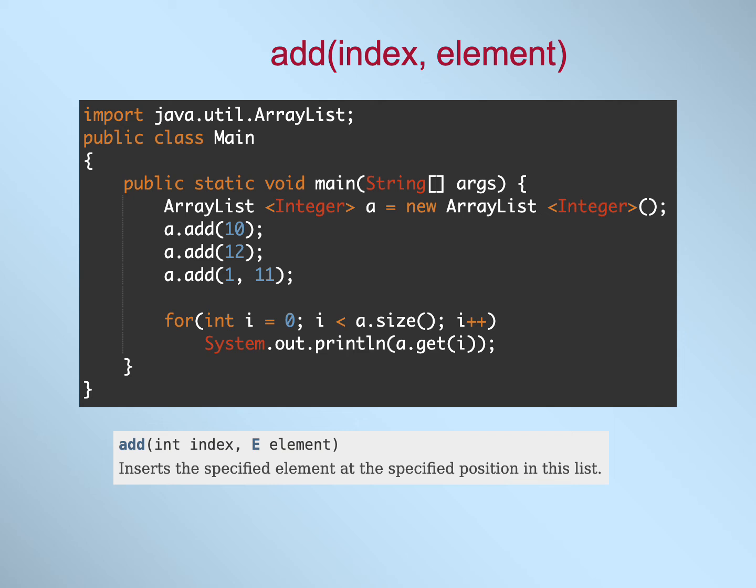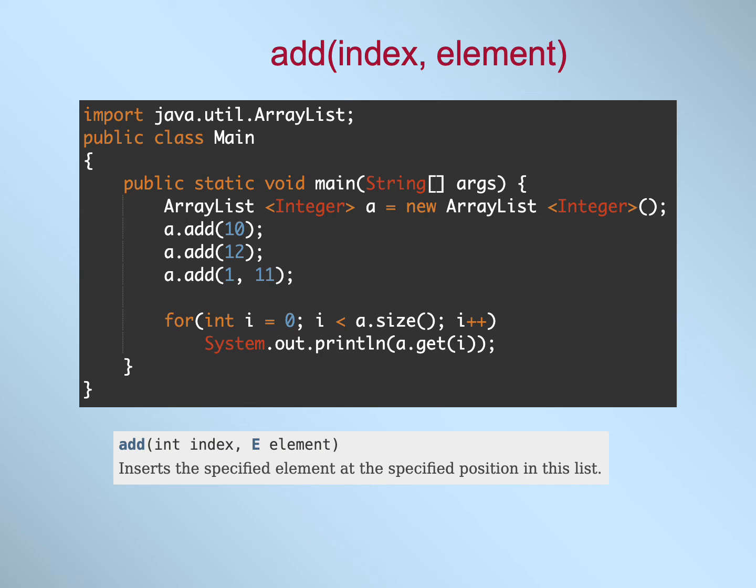This is because in the beginning, 12 is at index 1. When we use a.add(1, 11), it will put the value 11 at index 1 and 12 will be at index 2. It does not remove the value 12, but instead it will just shift it to index plus 1.